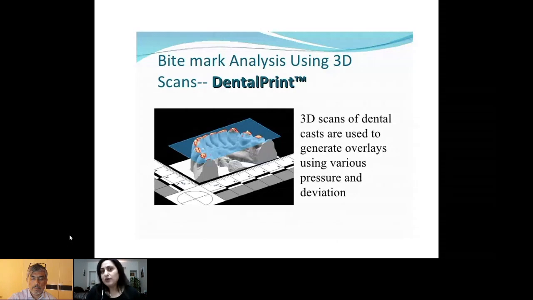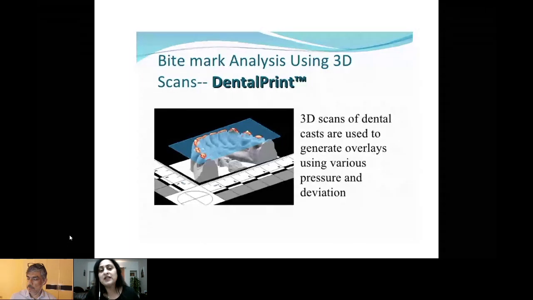And this is used now rather than the traditional wax bite method of incisal registration, because this is more accurate. And in this, we can even check the stress variation. You can get different readings for the different types of biting stress, because the amount of force given per bite will be different.